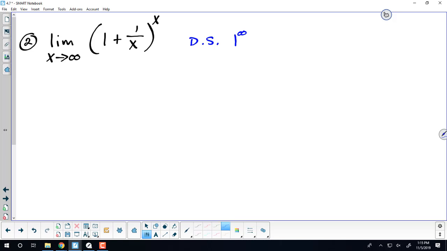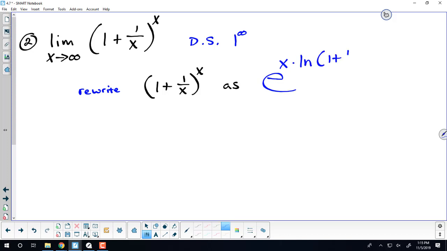Again, another situation where we have to rewrite the given expression or function as e to the x natural log of 1 plus 1 over x.